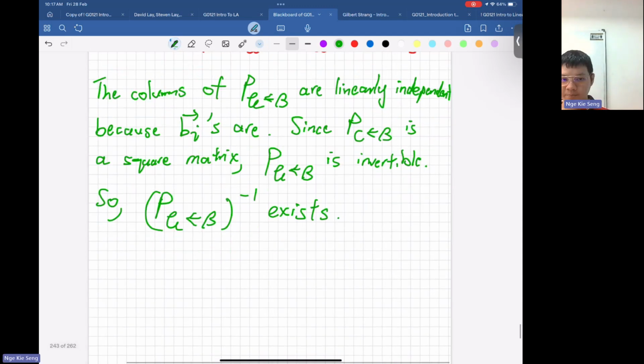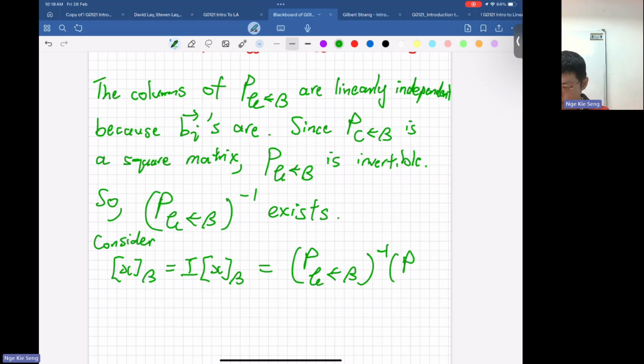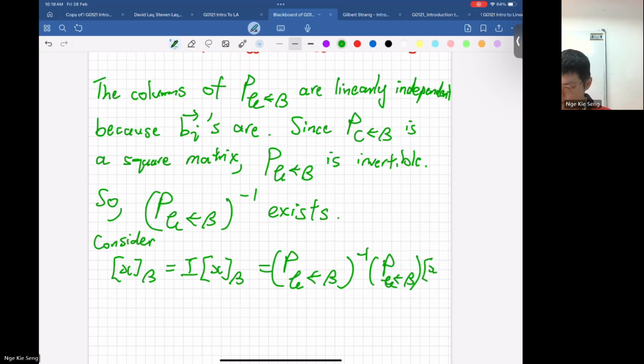Well, let's start from the coordinate vector of B. This equals the identity matrix times this coordinate vector. So let's consider this, and this is equal to P from B to C inverse times the coordinate vector in C. But what do we know?